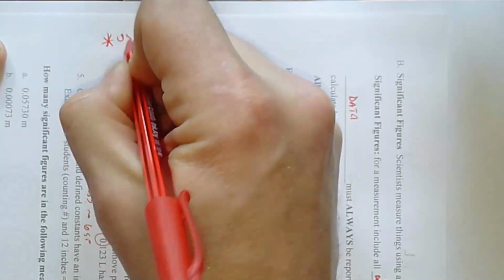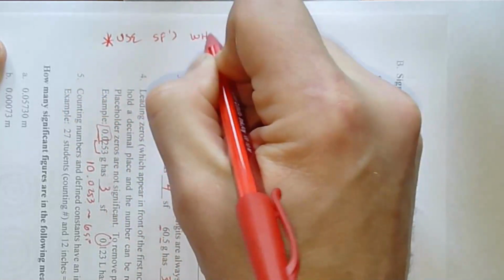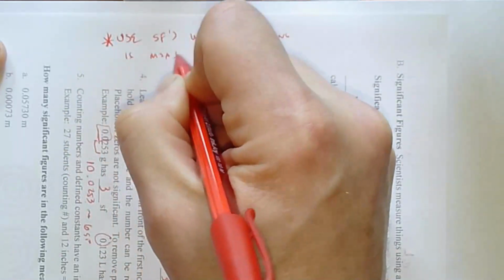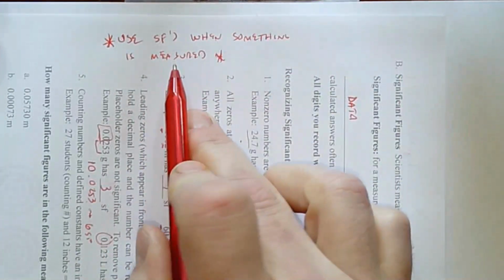You always use significant figures when something is measured. So you must use significant figures when some type of measuring equipment or device is used.